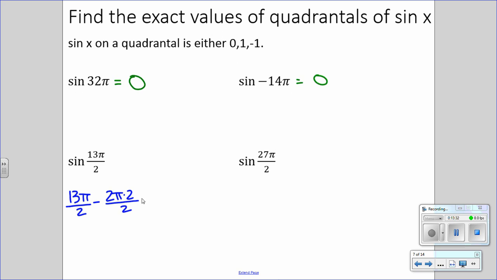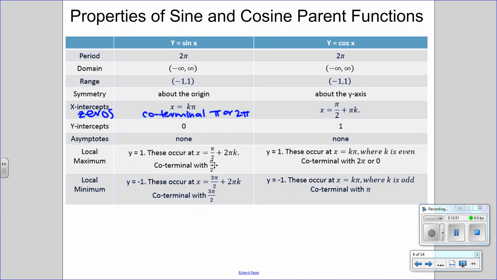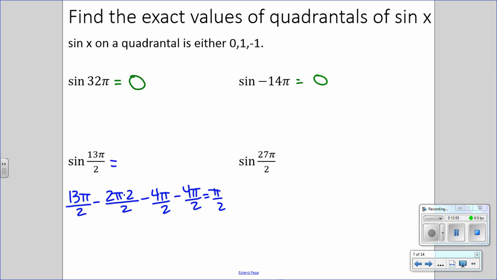So 13 minus 2 minus another 2. You're actually going to do 3 of these. So you're subtracting revolutions. Tells me that 13 pi over 2 is coterminal with pi over 2. Once you know that, again, you can go to your graph or your chart. Anything coterminal with pi over 2 is a local maximum, so y equals 1.